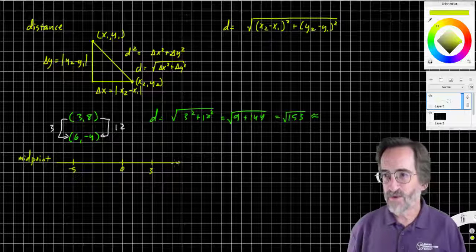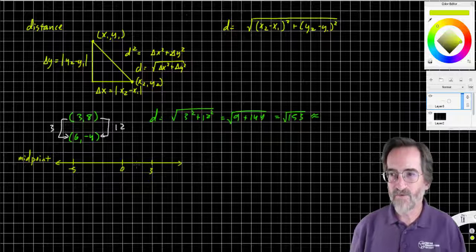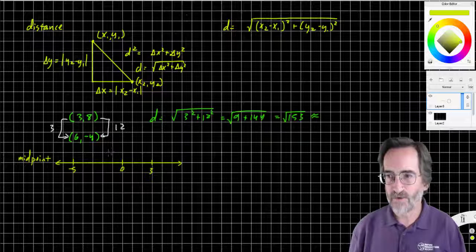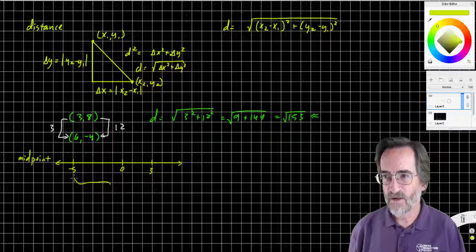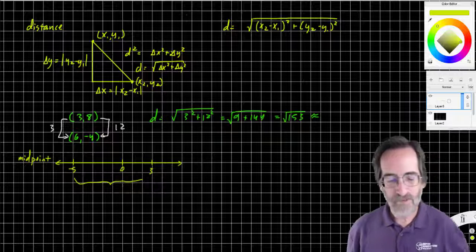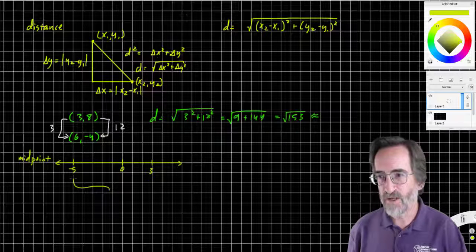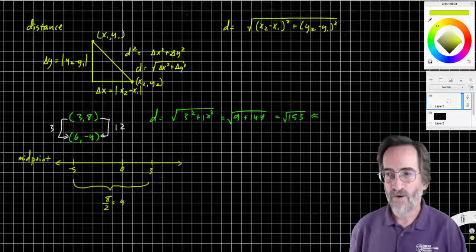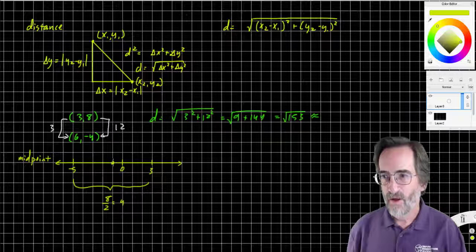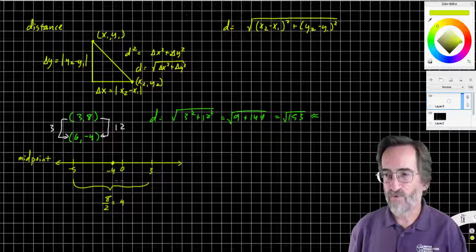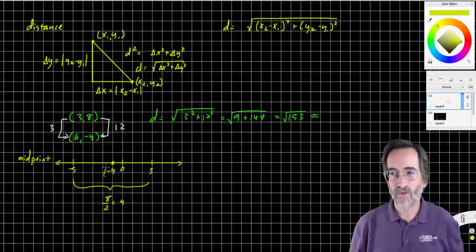I conclude that there are 5 to get to 0 and 3 from 0 to 3, so there's a total distance of 8. Then I would be tempted to take 8 and divide by 2, and we get 4. So I'm going to count off 4 from negative 5: 1, 2, 3, 4. And I conclude that negative 4, 1, 2, 3, 4 from 3 as well, is the midpoint, and I would be correct.